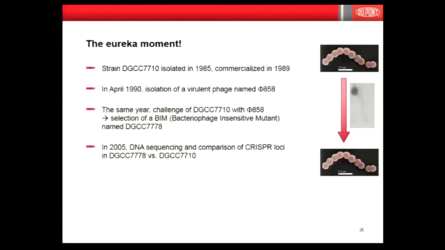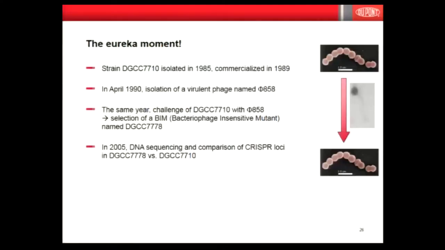It's a very common practice in the dairy industry to use a phage in order to isolate spontaneous mutants that are able to resist this phage. So this was done in 1990.